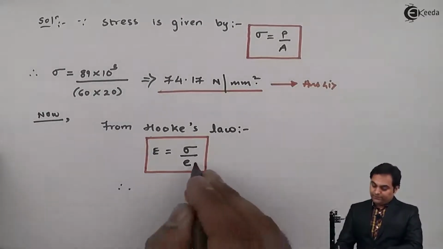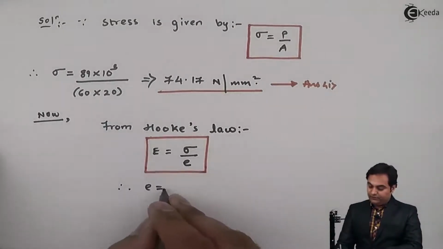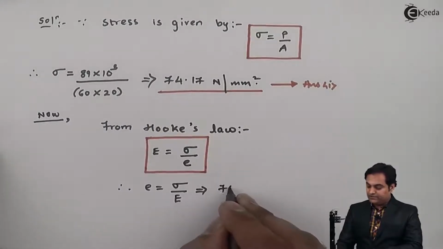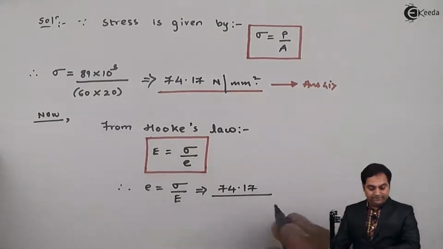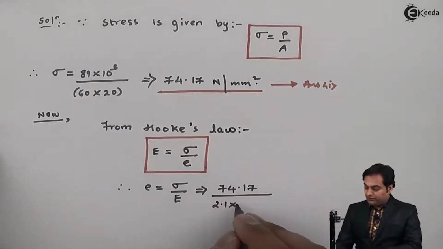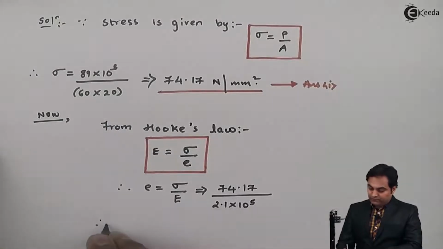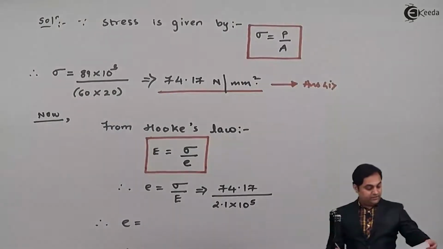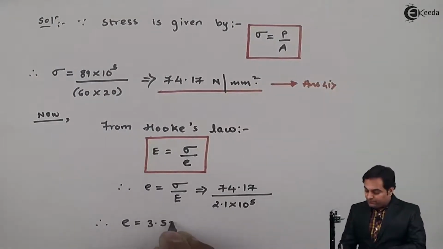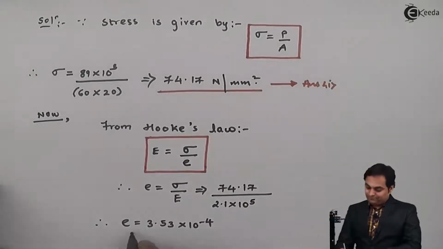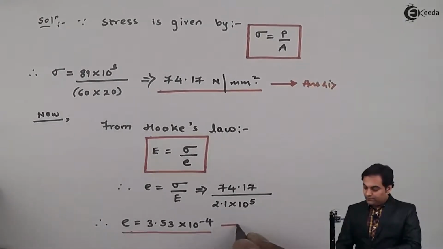So therefore, strain will be equal to stress upon Young's modulus. Stress is 74.17. Young's modulus capital E, that is 2.1 into 10 raised to 5. And from this I am getting strain. My answer is 3.53 into 10 raised to minus 4. This is the second answer.